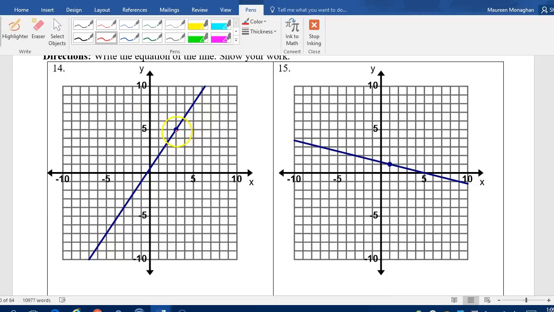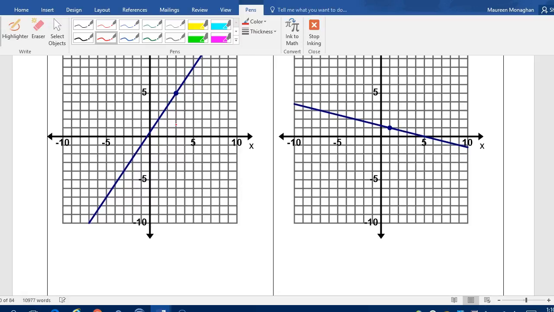Let's see what we have here. We've got the point, because this one, we can't really get down to the y-intercept. It's not exact. So what is that? 1/3, 1/2? Is it 3/5? We don't know what this is, so we have to use algebra to solve this. So we do know for sure that the point is (3, 5).